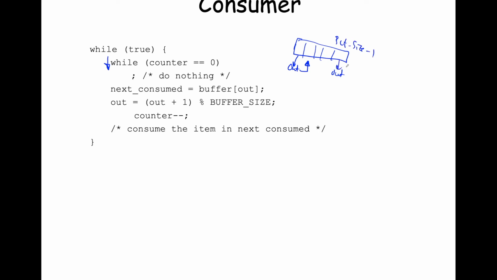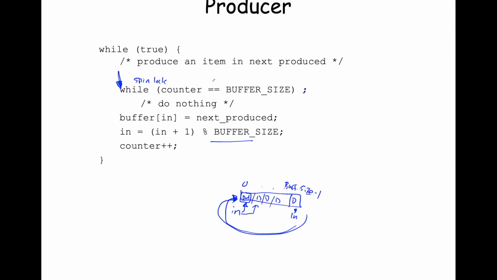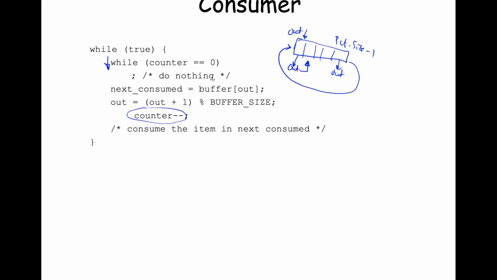It removes that one, and then it increments modulo buffer size, and it now points to that 0th item in the buffer. And so it decrements the counter after removing that item and incrementing the out index, by 1. So once this counter goes to 0, it is disallowed from removing any more until some producer has come along, placed an item in the buffer, and incremented the counter.